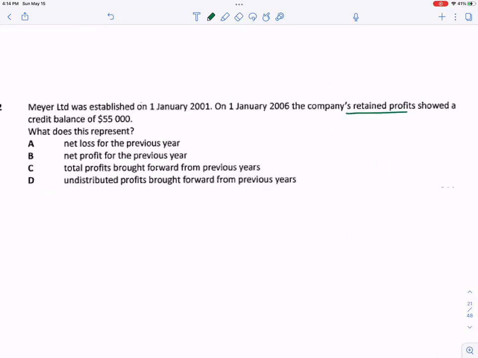Retained profits had a credit balance of 55,000 on 1st January 2006. The company was started in 2001. In 2006, the retained profits had this balance. What does this represent?